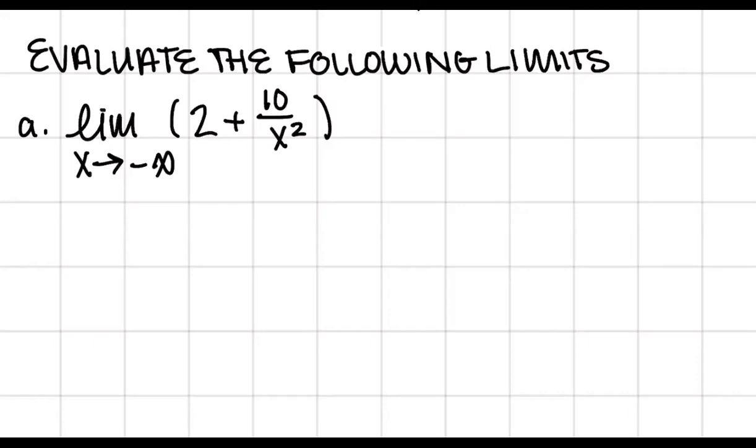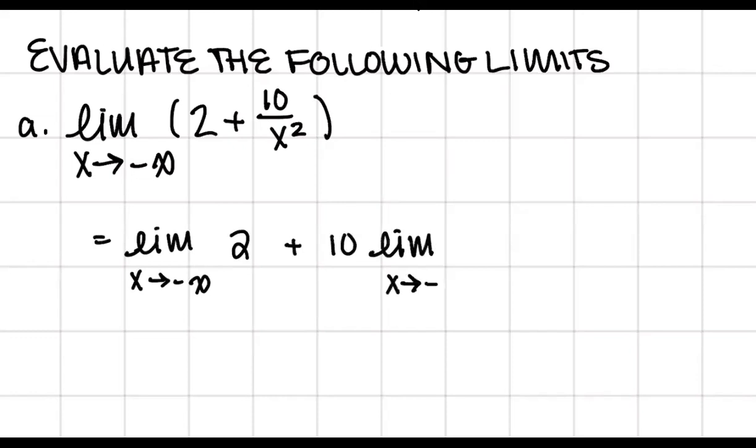So we can go ahead and use our limit laws to break this down. It equals the limit as x approaches negative infinity of the value 2, plus 10 times the limit as x approaches negative infinity of 1 over x squared.